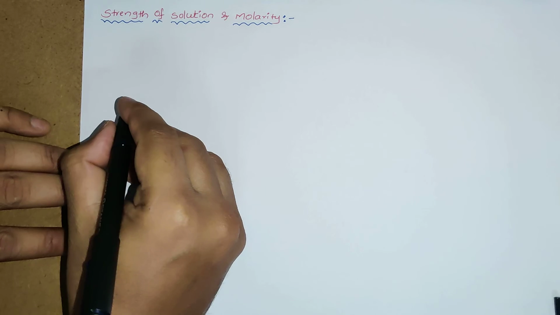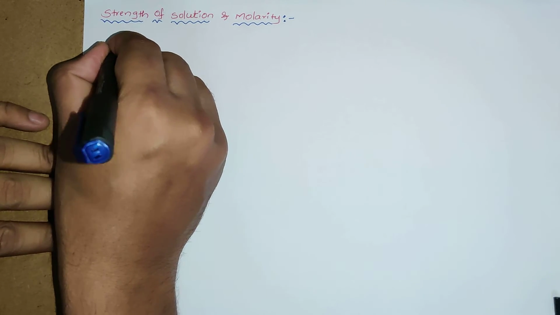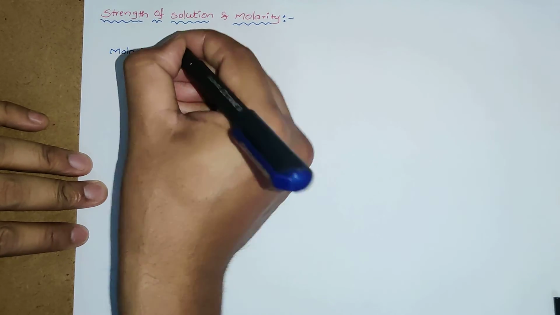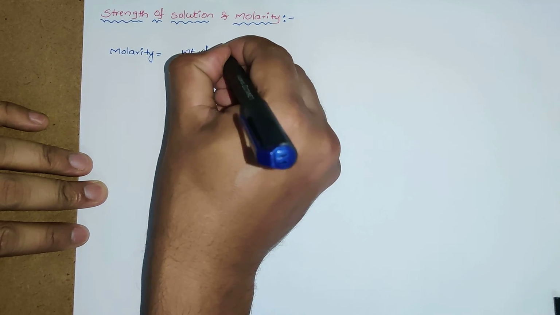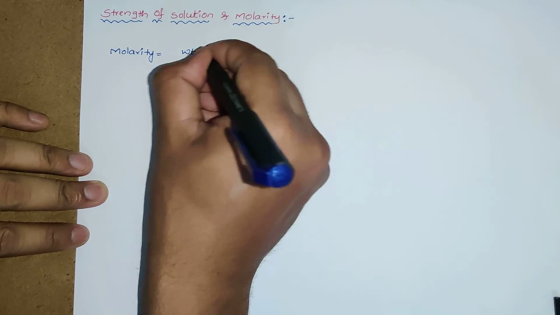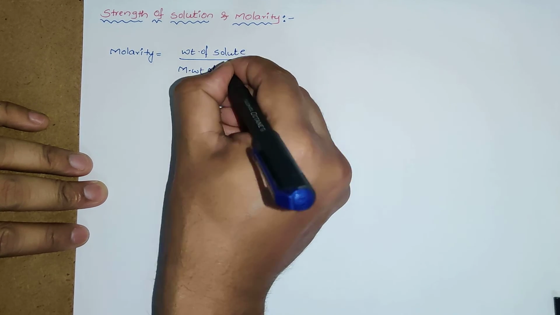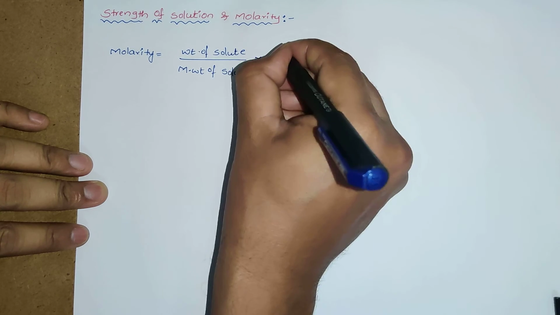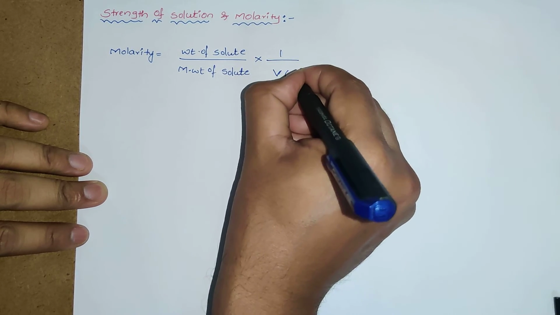The next one, strength of solution and molarity. So molarity is equal to weight of solute by molecular weight of solute into 1 by volume of solution in liters.